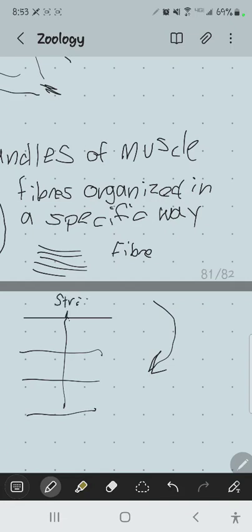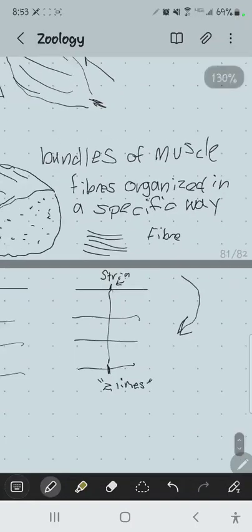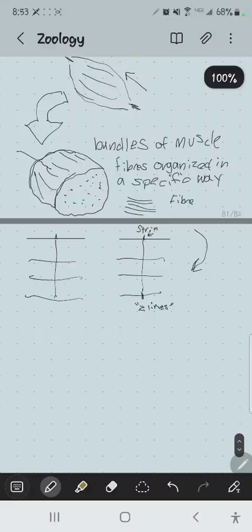And these are often called Z-lines. I think the reason why they're called Z-lines is that when you're focusing in on that, they have a zigzag feature, and I'm going to exaggerate this.